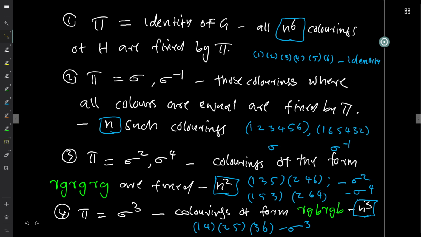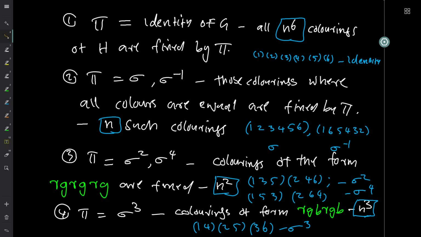Therefore, the colorings of the form where the first three are fixed, once you fix the first three, the remaining three are the same. So I have three choices, n into n into n, n cube colorings. And these n cube colorings will be fixed by the permutation sigma cube. So this covers all the 6 elements in the group.